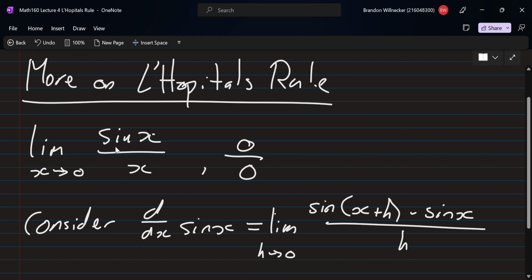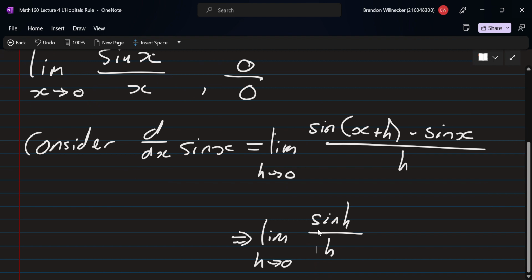We're trying to apply L'Hopital's rule to solve the limit, but when we do the derivative, we need L'Hopital's rule again. So L'Hopital's rule needs the derivative, and the derivative needs L'Hopital's rule. We end up going in a circle, and we can't do that in maths. Maths is one step after another. We don't loop back on ourselves.